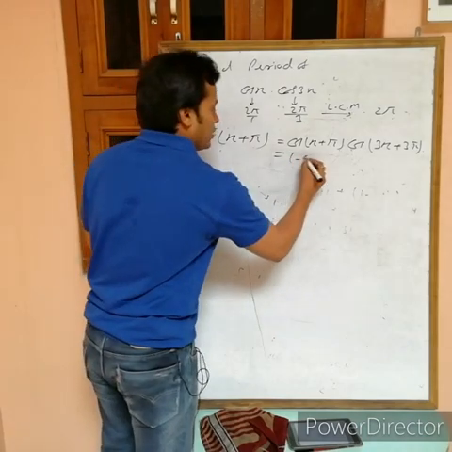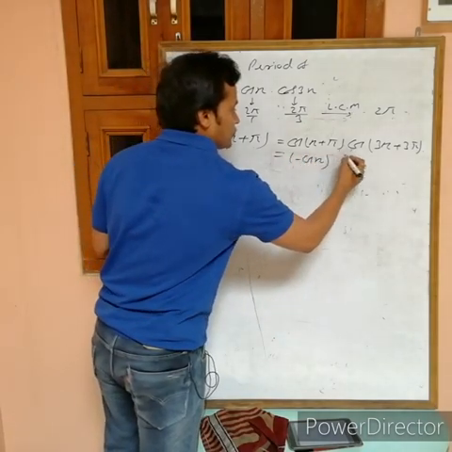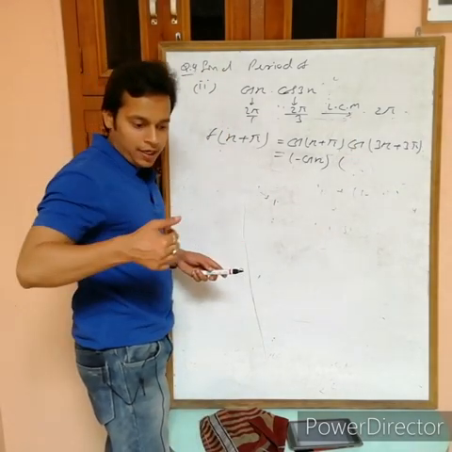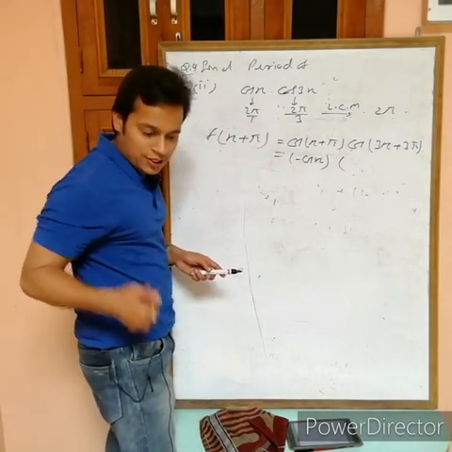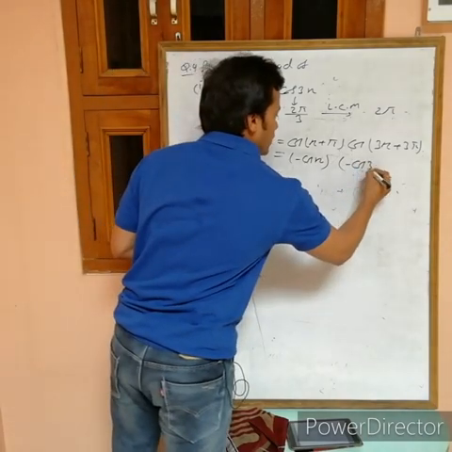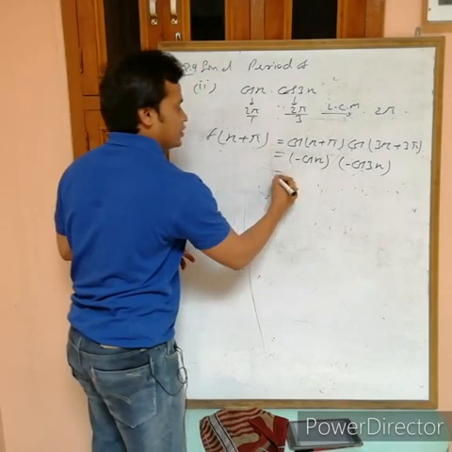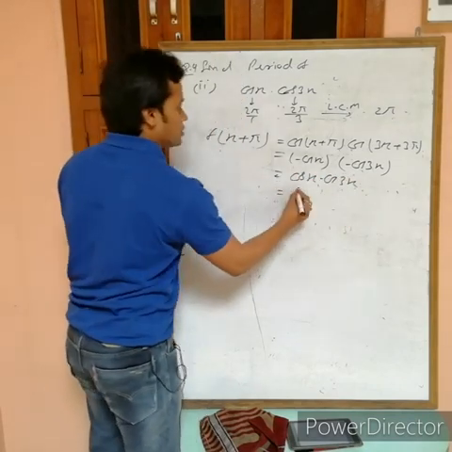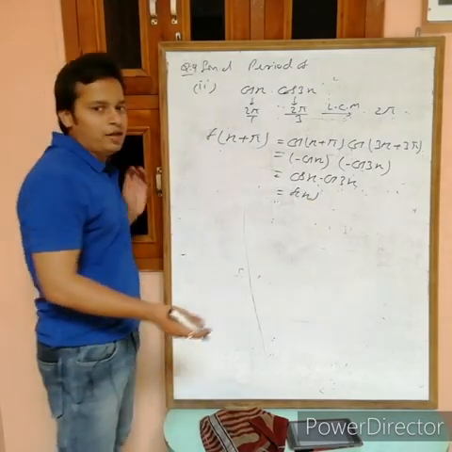So minus cos x. Again cos of 3 pi plus theta: pi, 2 pi, 3 pi plus theta, again third quadrant, cos is negative. So minus cos theta, where theta is 3x. Minus minus becomes plus. What we are getting is cos x into cos 3x, which is equal to fx. So pi is the fundamental period.